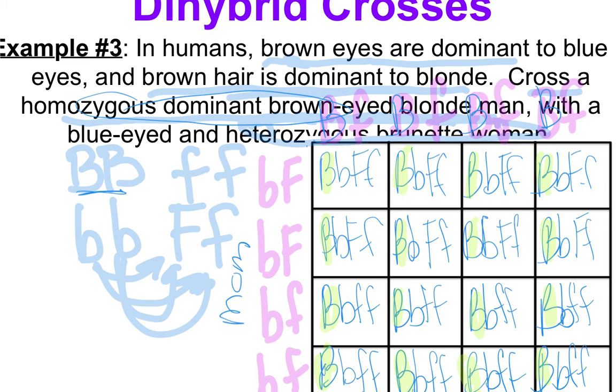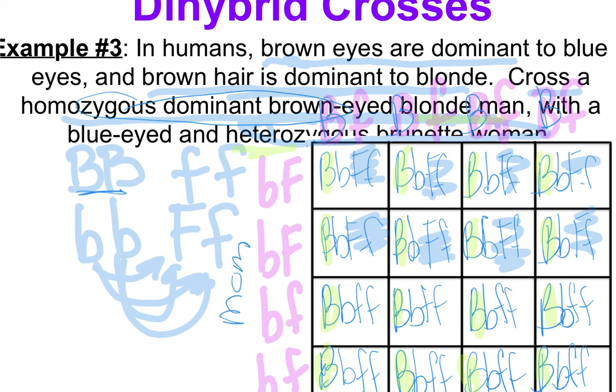However, when it comes to hair, because he's blonde and she's heterozygous, we see that everybody who has a dominant allele right here, the offspring have a 50% chance of having blonde hair.